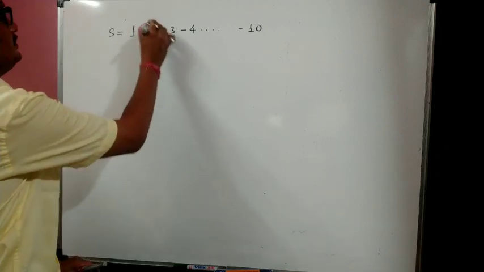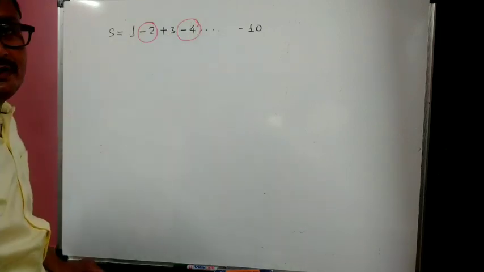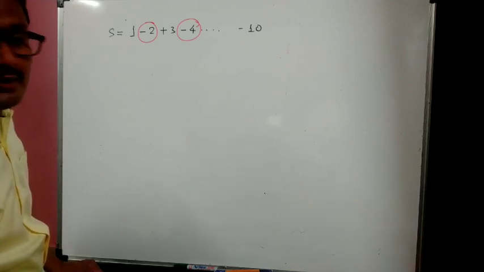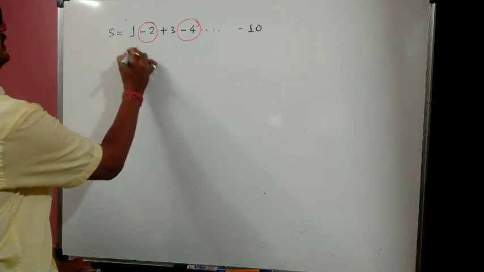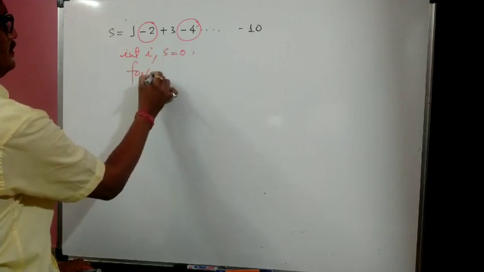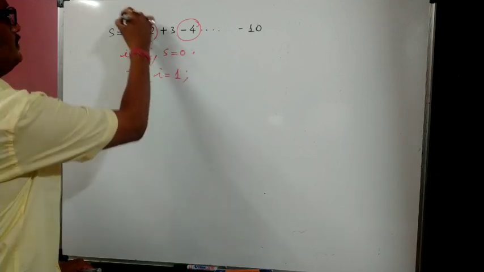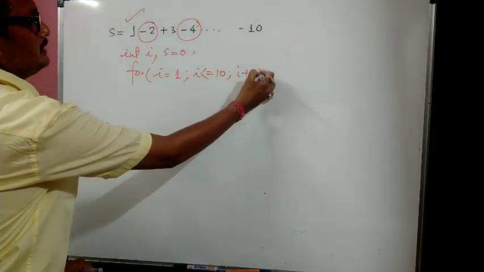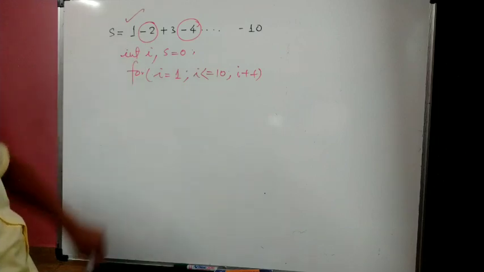When you see this number, these are minus. All even numbers are minus and all odd numbers are plus. So take a variable integer i, s is equal to 0. What is the starting value? Starting value is 1. What is the last value? Last value is 10. And increment is 1.